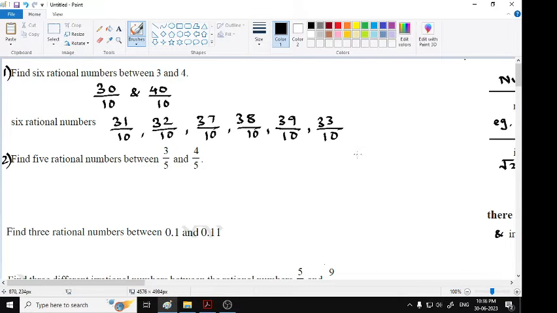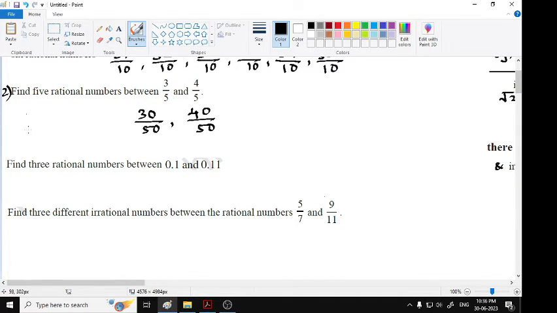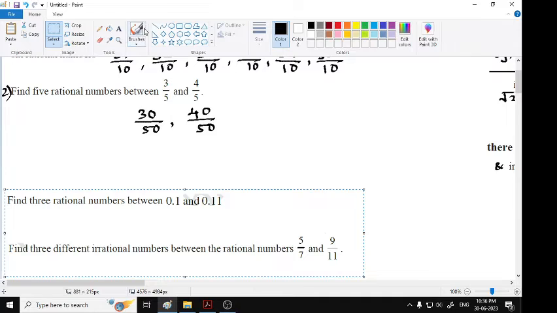Find 5 rational numbers between 3 by 5 and 4 by 5. Now these are two rational numbers, and let us write down their equivalent fractions. These equivalent fractions can be 30 upon 50 and 40 upon 50. Similar to the previous question, we can write numerators from 31 to 39.